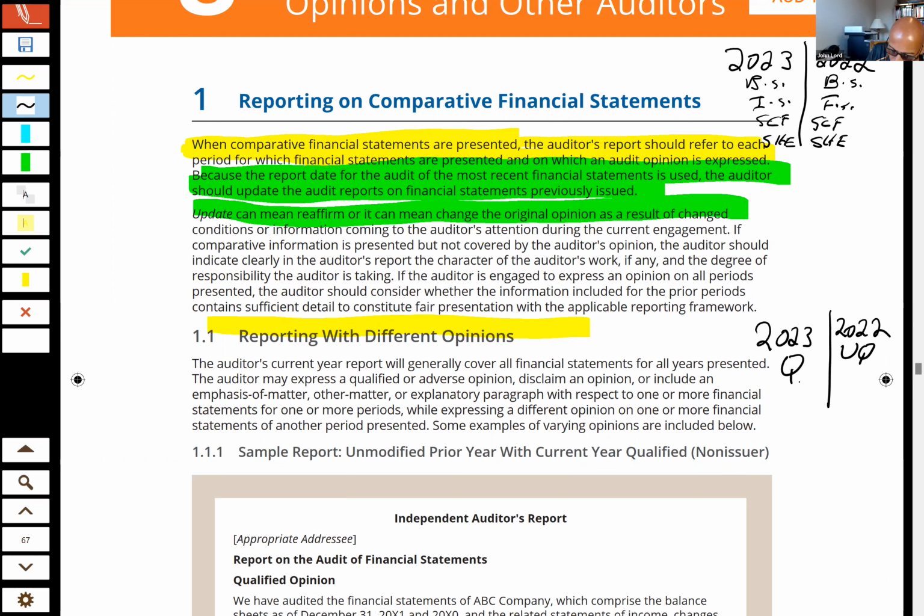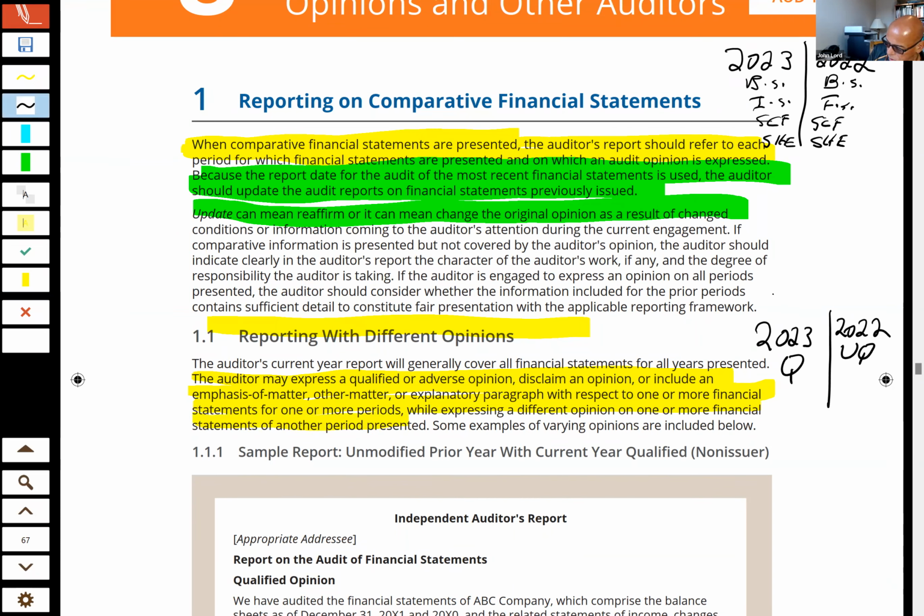And this can happen, it does happen. The auditor may express a qualified, adverse, or disclaiming opinion, or include an emphasis of matter or other explanatory paragraph with respect to one or more financial statements for one or more periods, while expressing a different opinion on the other. Basically that's what we're talking about here.